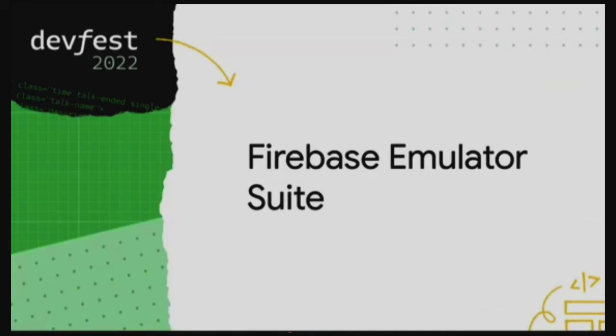With this emulator, we can emulate all the Firebase features for the apps or web that we are developing. If you are a mobile developer, you can use a mobile emulator on your local device. And if you are a web developer, you can just use the browser.